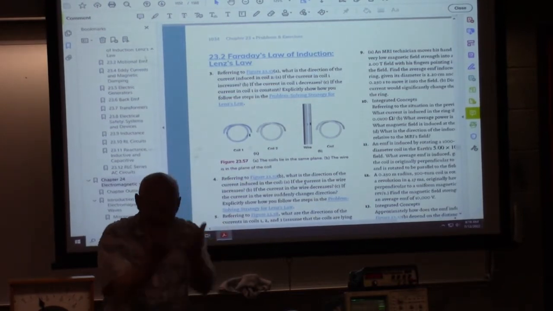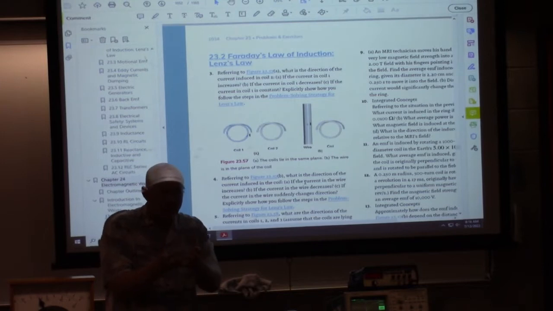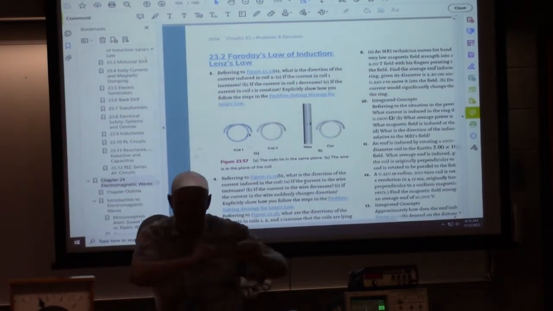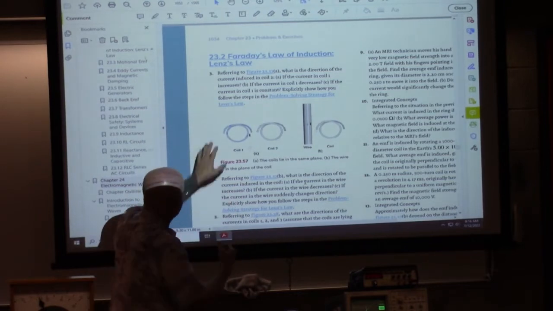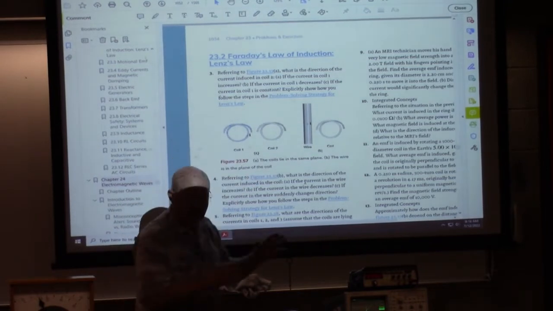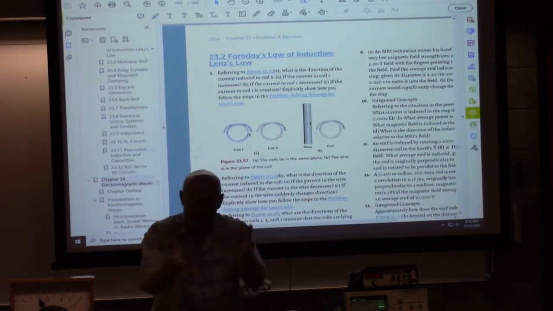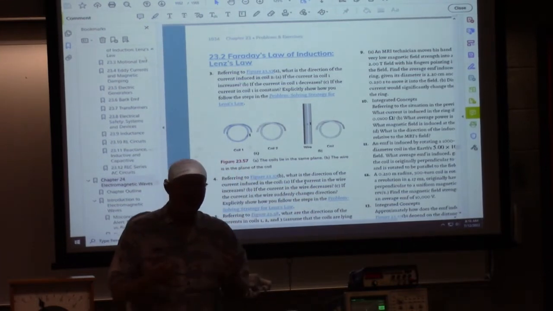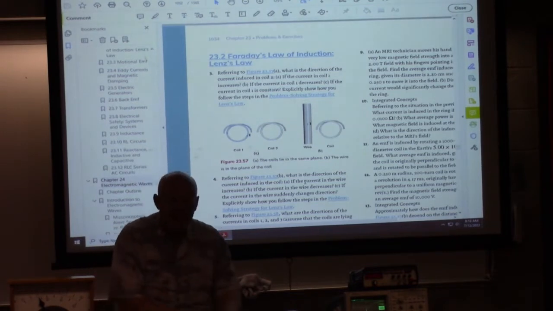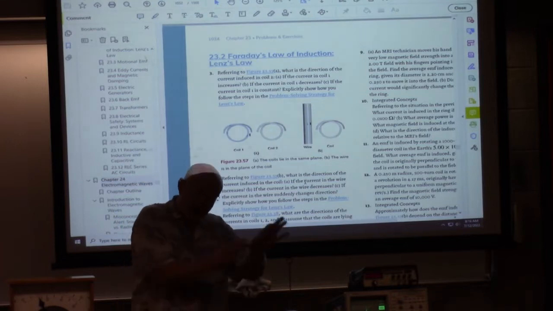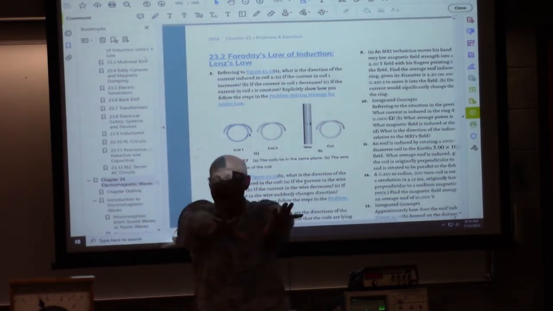It's trying to keep it at 10. And so in order to do that, it's going to make a 2 coming out, right? Because if you've got now 12 going in because of this coil, and then you make 2 coming out because of the secondary, you're back to where you started. You're back to the original. That's the key to these. Get back to the original. Oppose the change. So if you had 10 and it's going up to 12, you need 2 coming out.